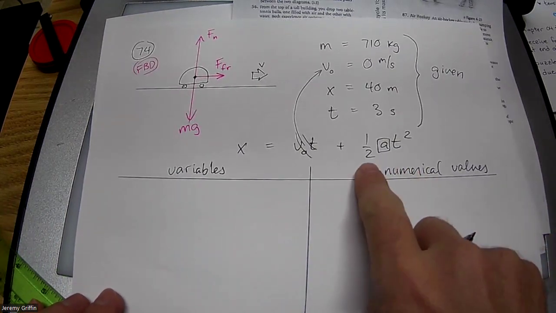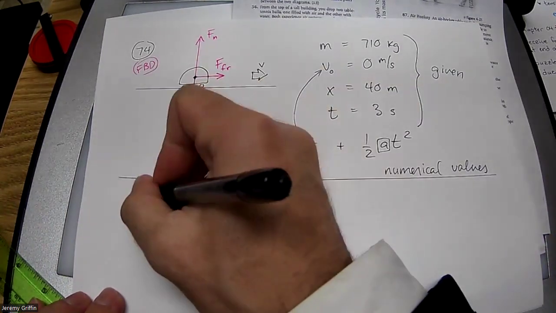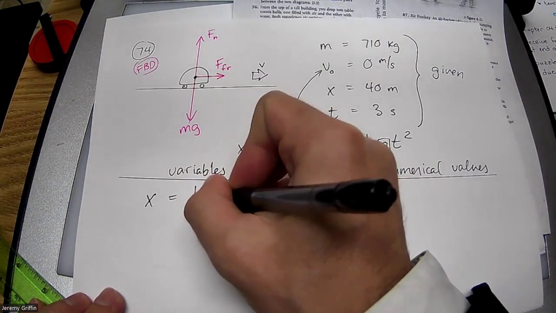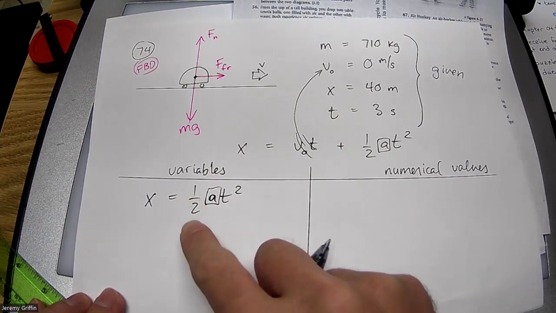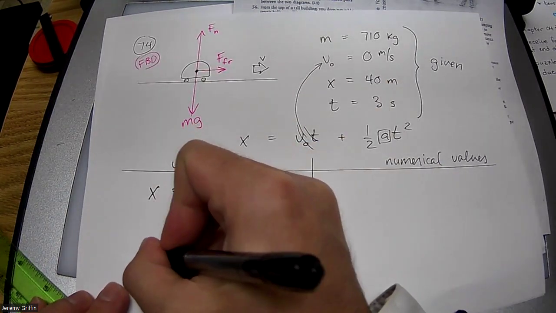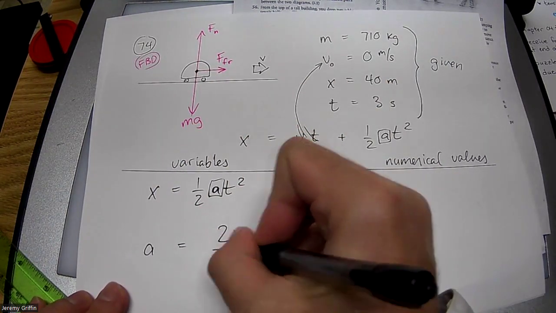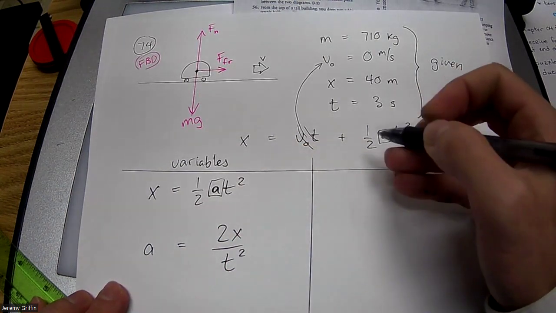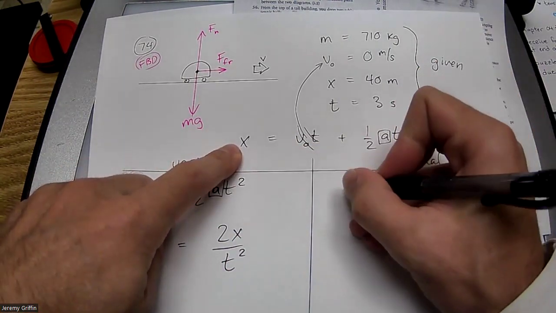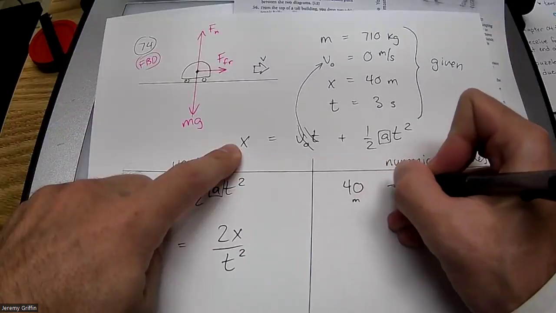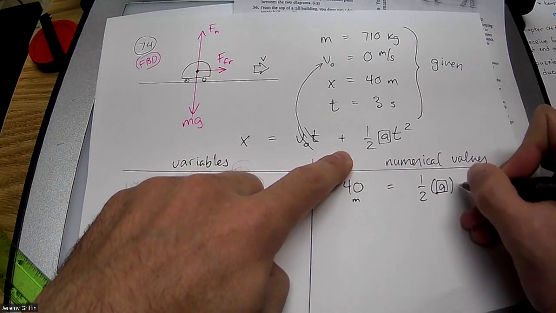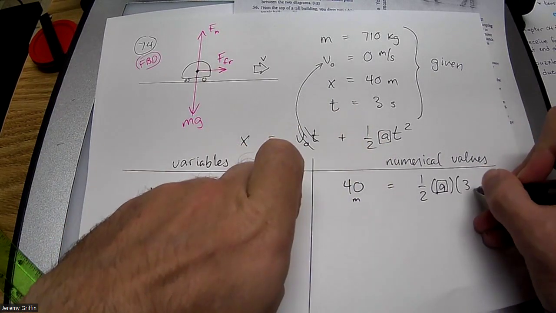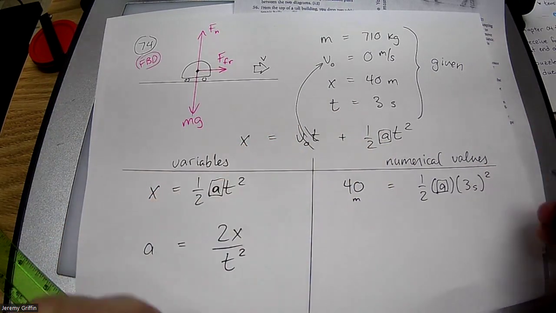All right. So in terms of variables, x is 1/2 at squared. Solve for acceleration. I can cross multiply the 2, divide down the t squared. Acceleration is going to be 2x on t squared. Now, if I plugged in my numbers first, x could be 40 meters equals 1/2 acceleration, which we're solving for, times the time of 3 seconds to get there, being squared.